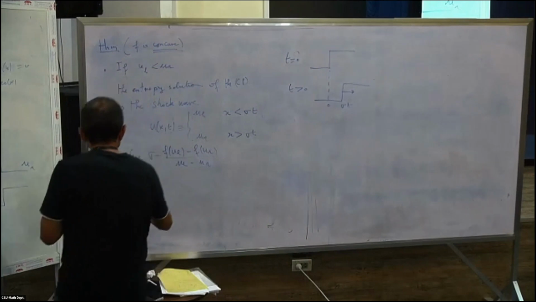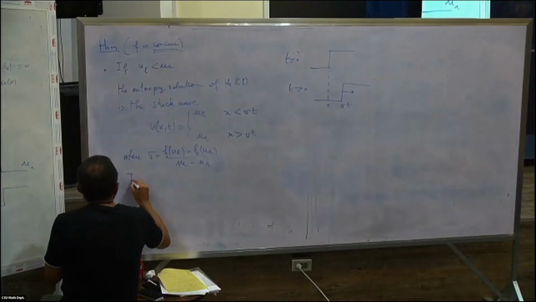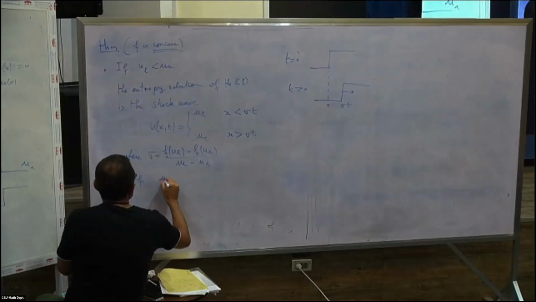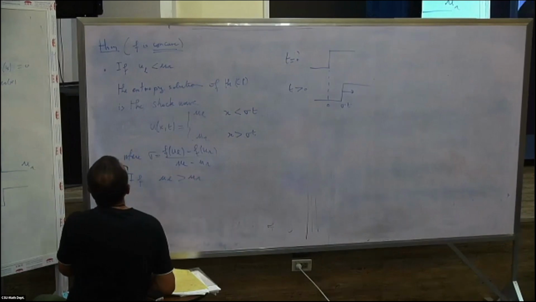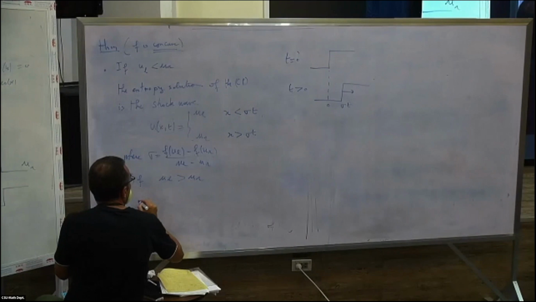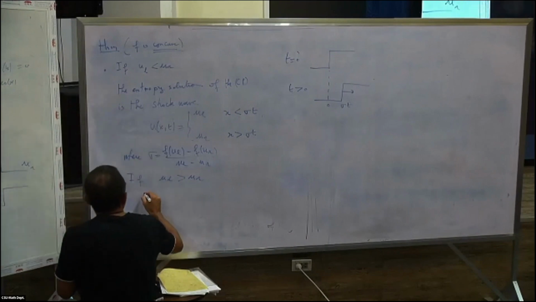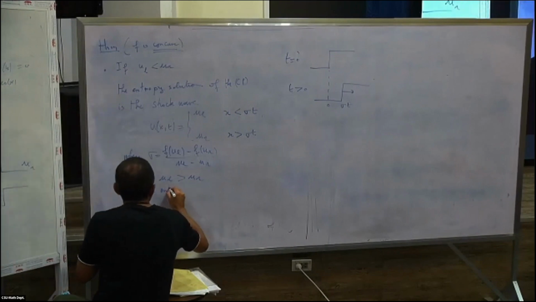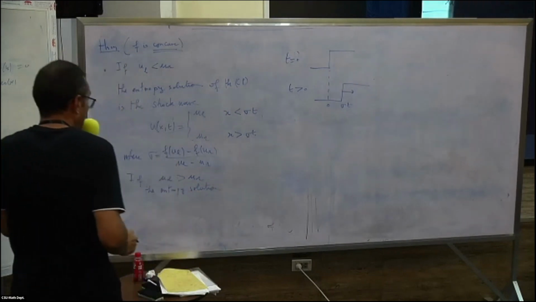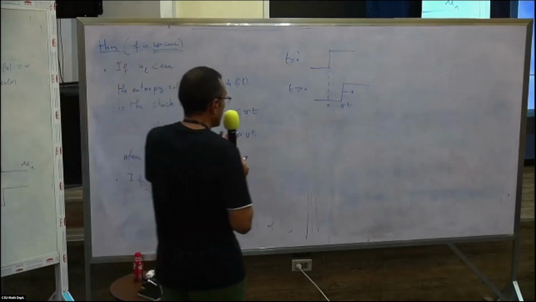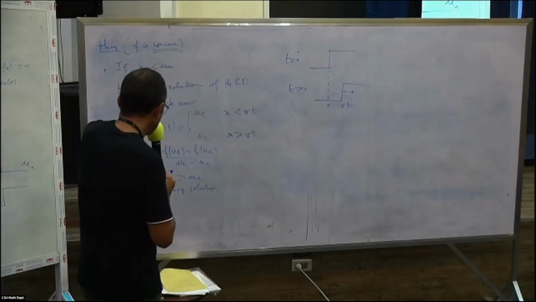Now, the contrary: if UL is bigger than UR, the entropy solution is not this, because this is a weak solution, even if UL is bigger than UR.